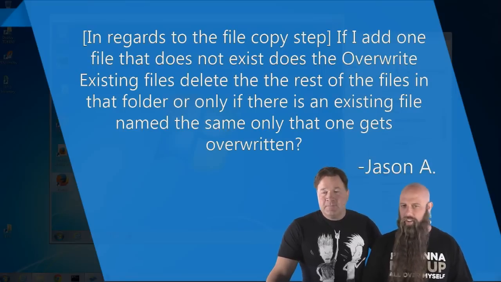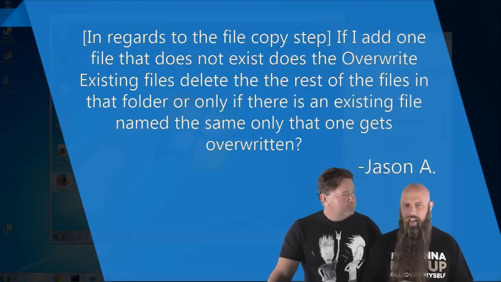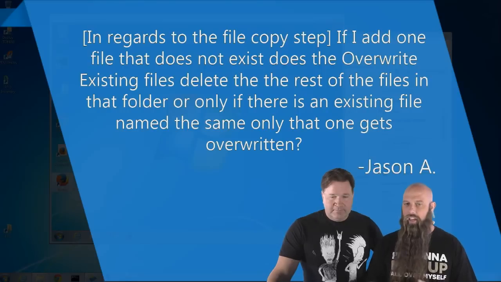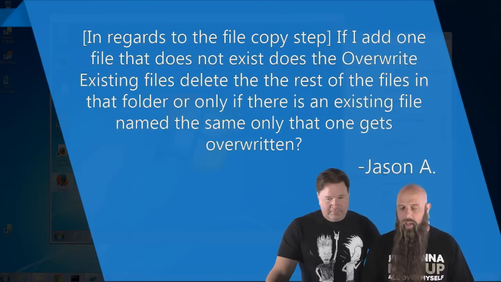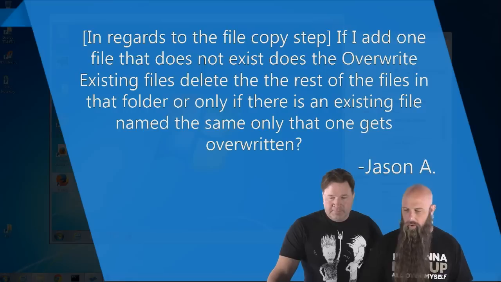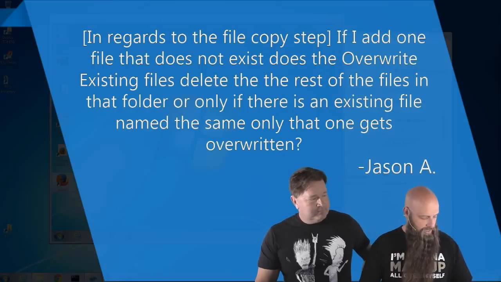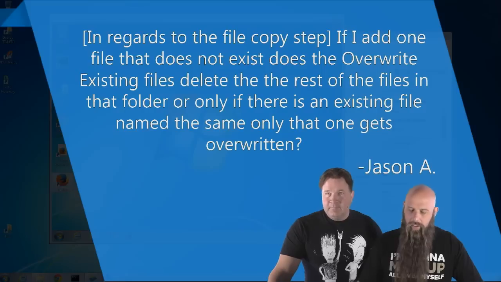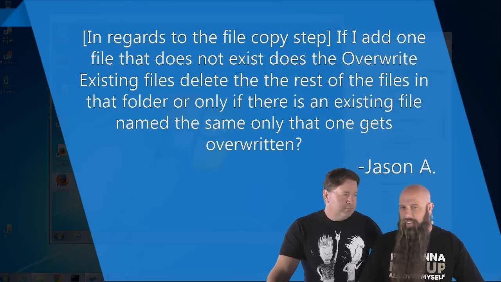If you're sending 3 and you say overwrite existing files, and there's a machine that has 2 of those files but not the other one, it'll copy all 3 of them, but it won't delete anything. We can demonstrate that if we want, but the answer is no. You should be fine. Overwrite existing only means to handle files that exist already.